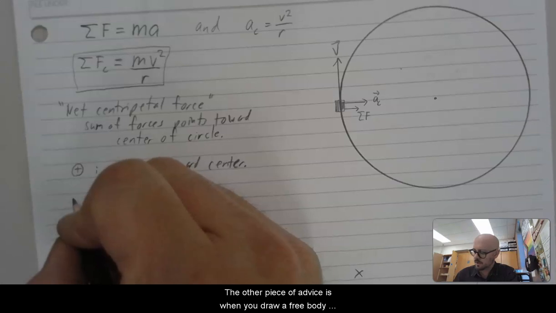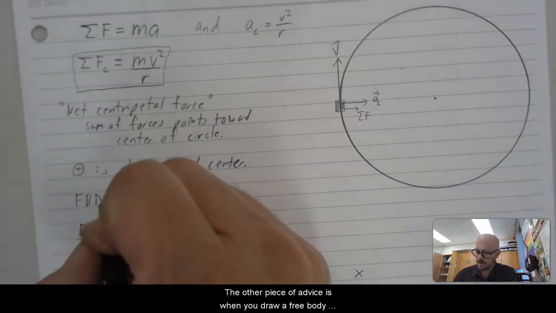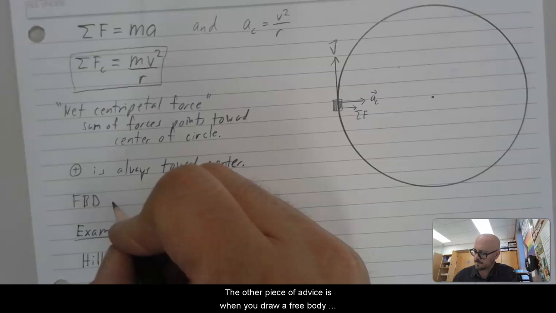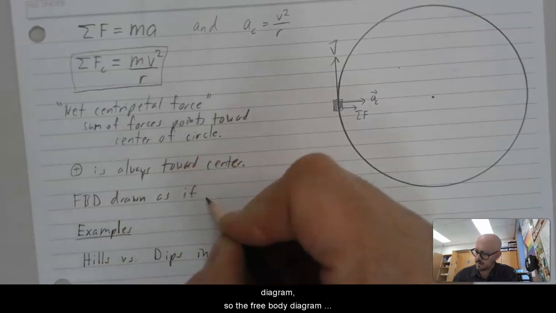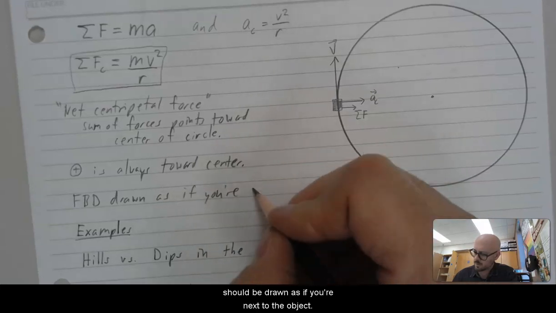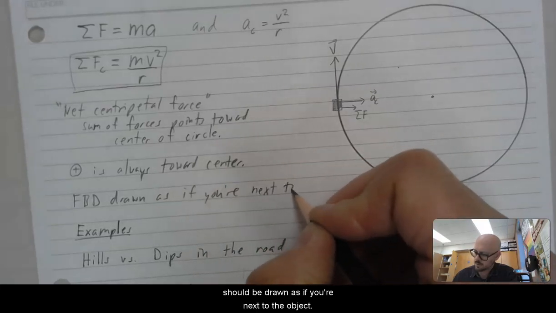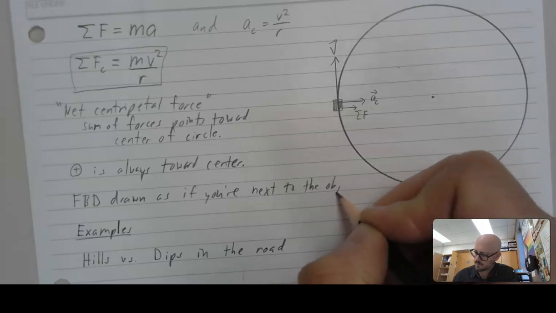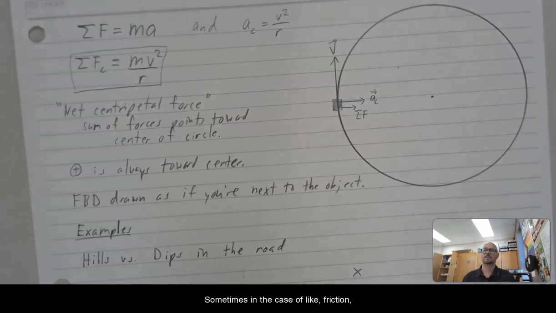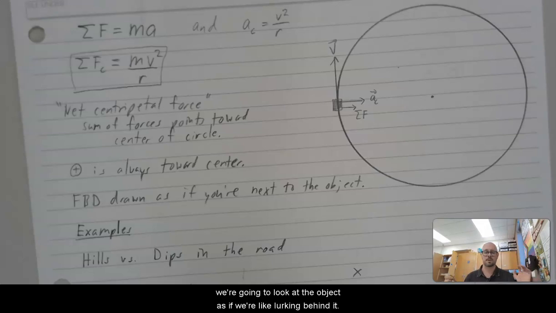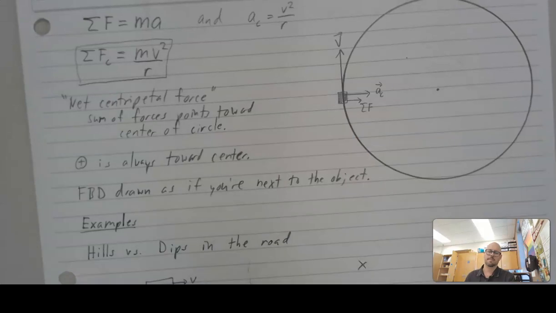The other piece of advice is when you draw a free body diagram, it should be drawn as if you're next to the object. We're not going to take a top-down look at things. We're going to look at things from the side. Sometimes in the case of friction, we're going to look at the object as if we're lurking behind it. But we are always going to be on the same level as the object.